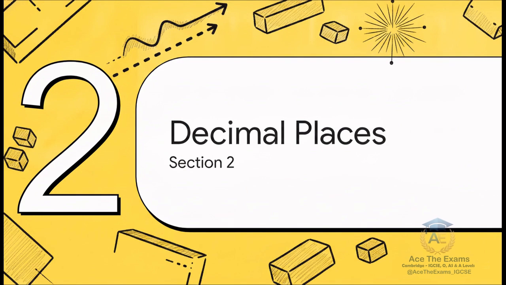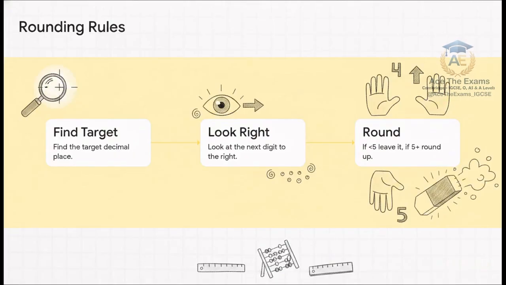All right, moving from the physical space of things like lampposts into the realm of pure numbers, let's establish the absolute rules of rounding, starting directly with decimal places. If you've ever felt even a little bit unsure about rounding, let's lock down the algorithm right now, because it is beautifully simple and honestly incredibly rigid. Step 1, find your target decimal place.